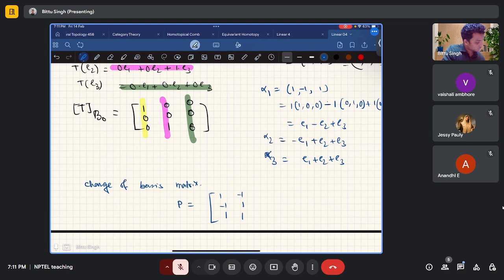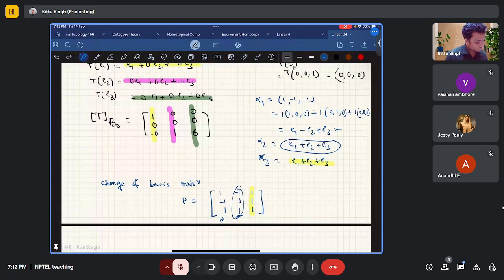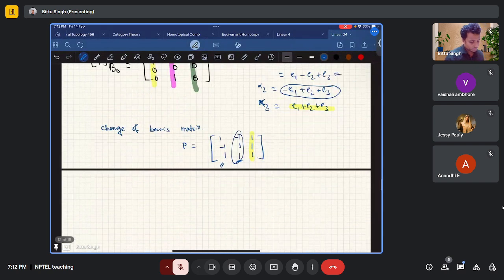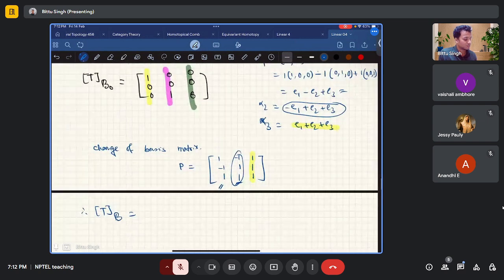Then the third will be plus 1, plus 1, plus 1. So this will be the change of basis matrix. This is the second, and the first one is there. So now the transformation with respect to the given basis B is simply P inverse.